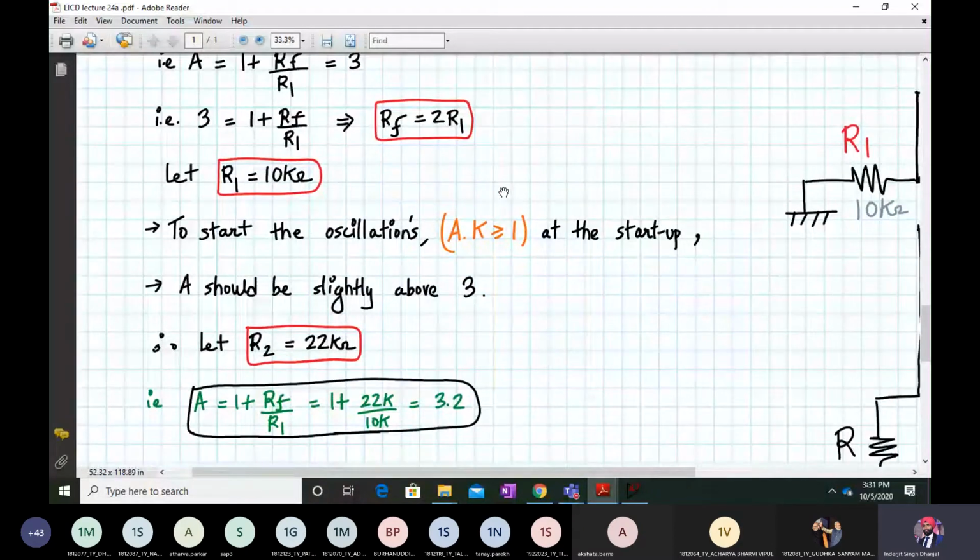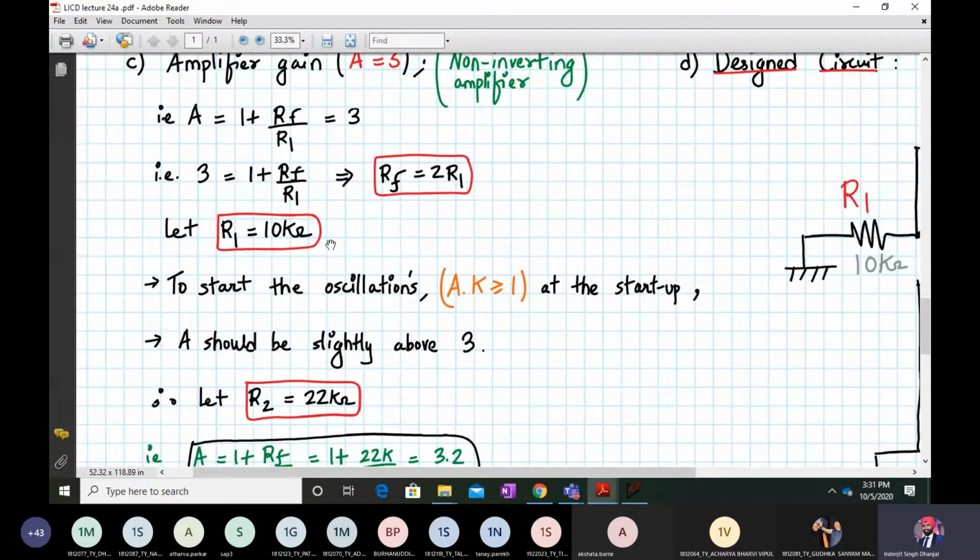Now we have already seen that to start the oscillations we have to keep A into K greater than or equal to 1 at the startup. Why this is required, we will make clear when we discuss the Wien bridge oscillator in detail. So at the start the gain should be slightly above 3, so we select Rf equal to twice R1. We can assume R1 as 10 kilo ohm.